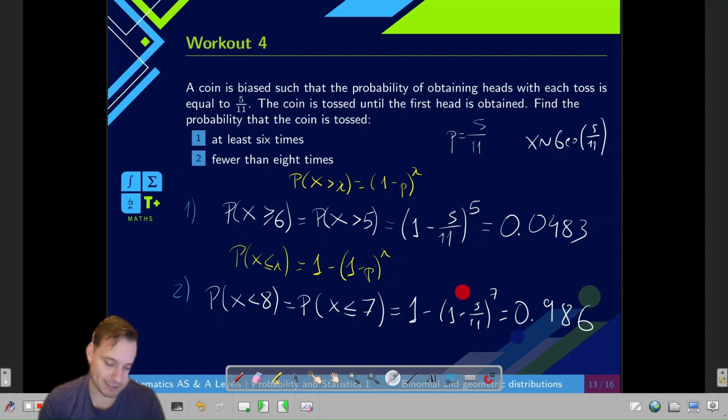This is the probability that I get a failure on my first 7 trials. So the contrary of that, the complement of that, is going to be 1 minus that probability. This is why that makes sense, because I want the complement of the fact of getting a failure. I hope that makes sense to you, so that this is not just applying formulas.